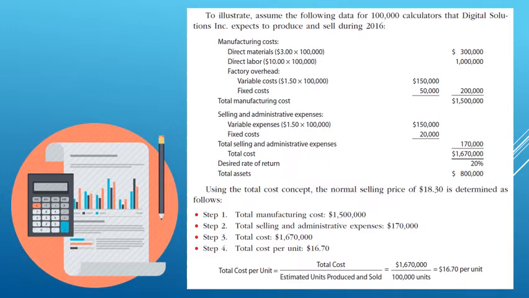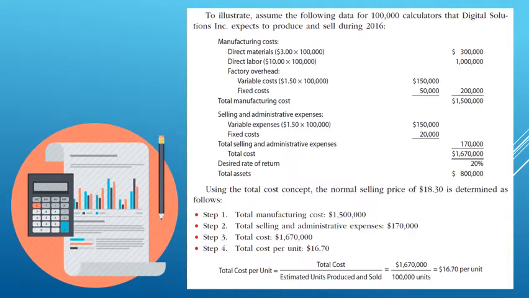So first we have the total manufacturing cost, which is $1.5 million. So we already identified that the selling and administrative expenses is $170,000. So the total cost is $1,670,000.